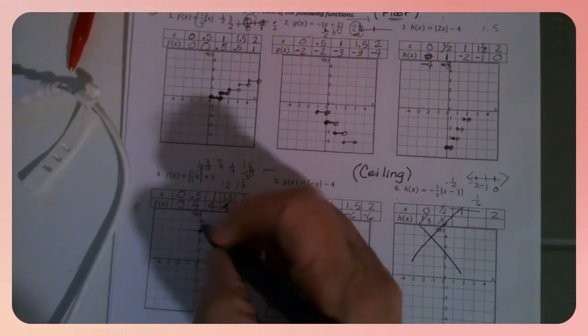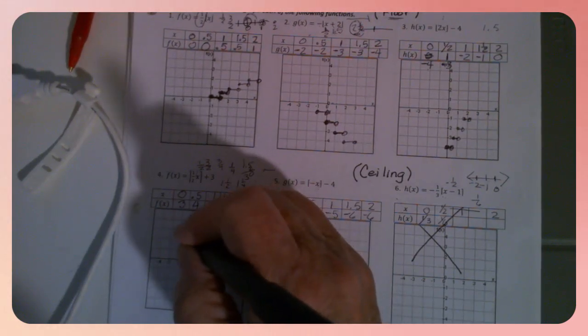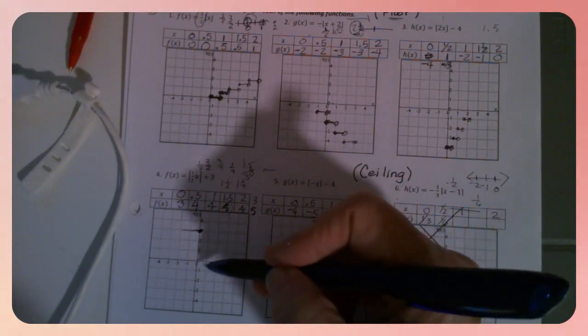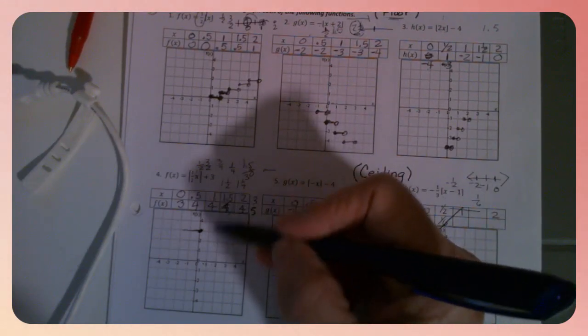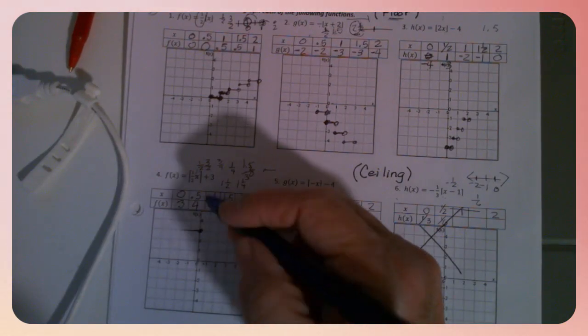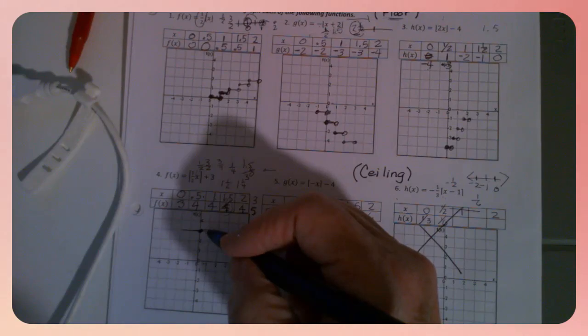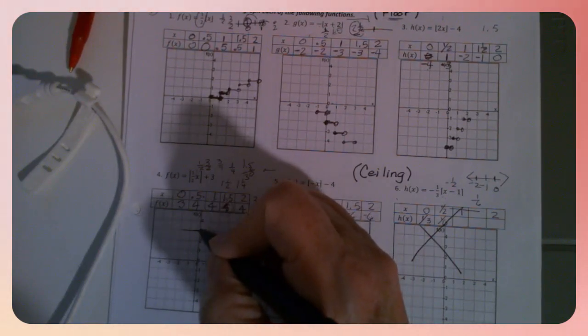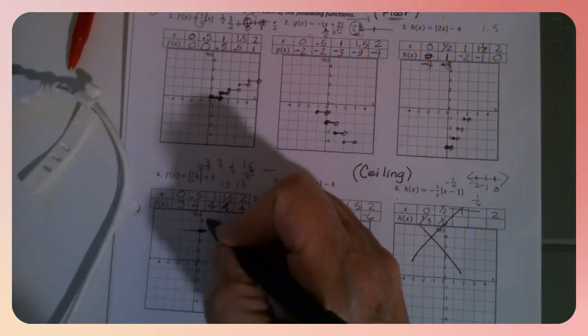Now we don't have this complete step here. We've got to use this step to see how long it's going to be. All right, so at 1/2 is where it jumps up to 4. So I'm going to open it here.